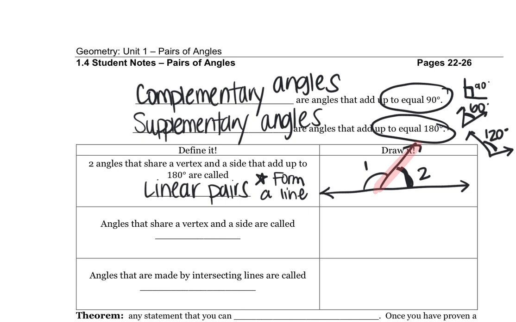All right, let's keep going. Angles that share a vertex and a side are called adjacent angles. Okay, so our second definition here, oh, and I need my actual pen, adjacent angles. Okay, so how would this look like if we had a visual or a picture?